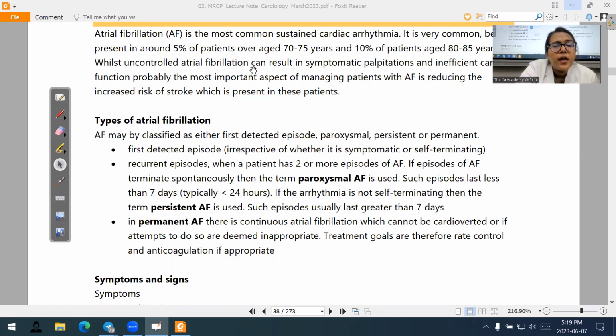Okay, no problem. Dr. Anupam Bishwas, can you unmute yourself and tell me? Any causes for atrial fibrillation? Anything that comes to your mind?